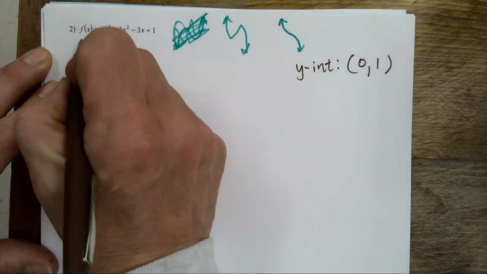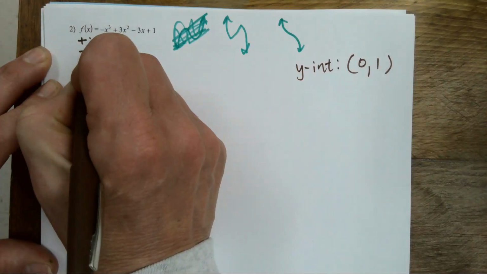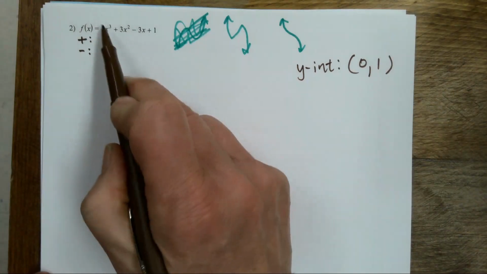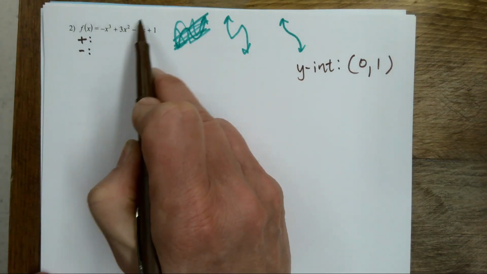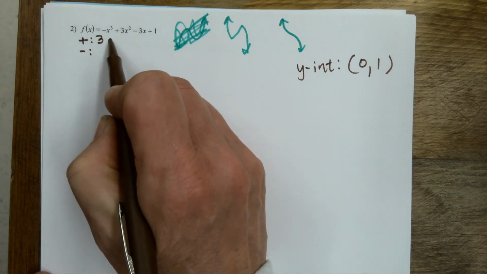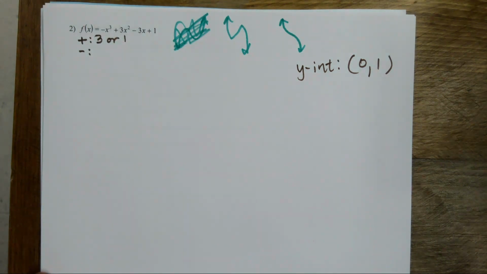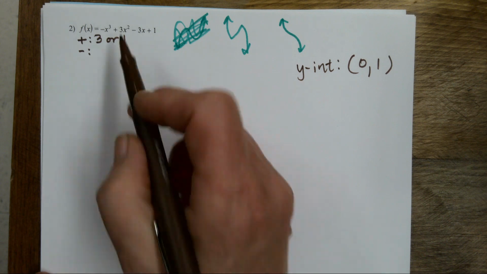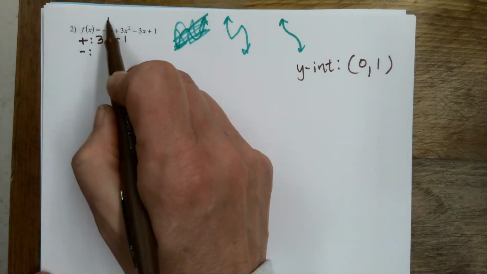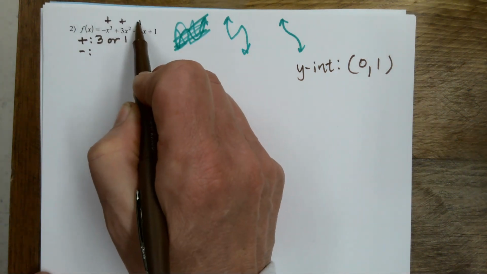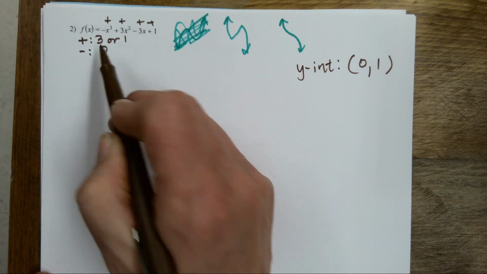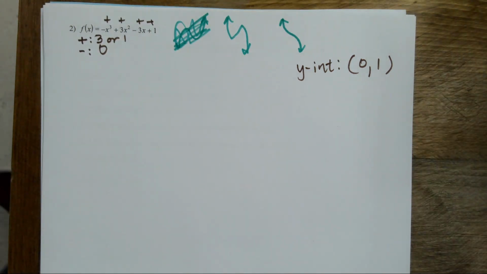Okay, then I'm going to do positive and negative zeros. 1, 2, 3, or 1 positives. And positive, positive, positive, positive, no negatives. Okay? So I'm not going to make a negative table this time. I'm only going to make a positive table.